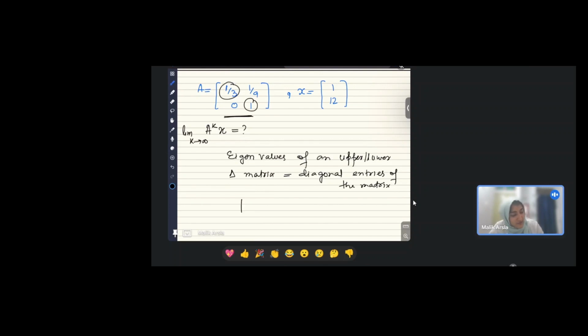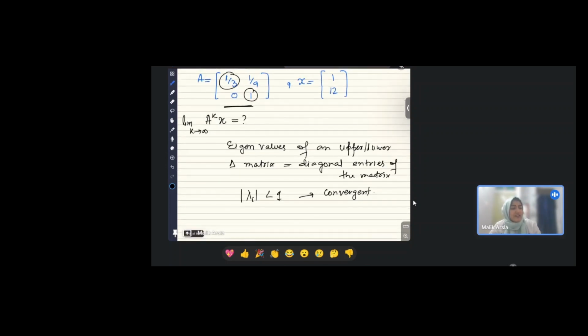Had it been strictly less than 1, we know that this matrix is convergent. Since here it is equal to 1, for checking the behavior of A to the power k into x, we'll use a different approach.